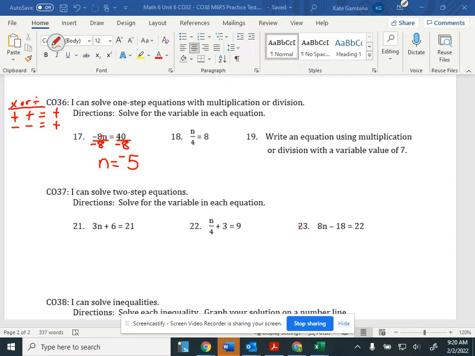When we multiply or divide a positive and a negative, our answer is negative. So we had a positive 40 and a negative 8, so our answer is negative. If we multiply or divide a negative and a positive, our answer is negative. So write that on your help sheet so you remember.